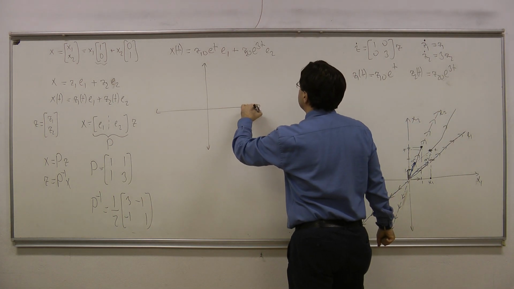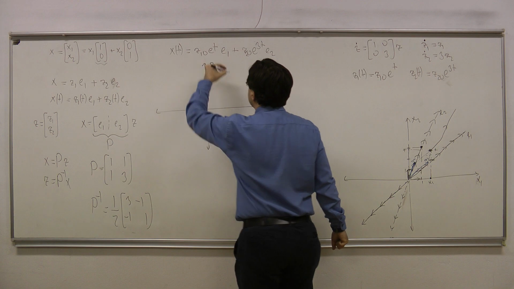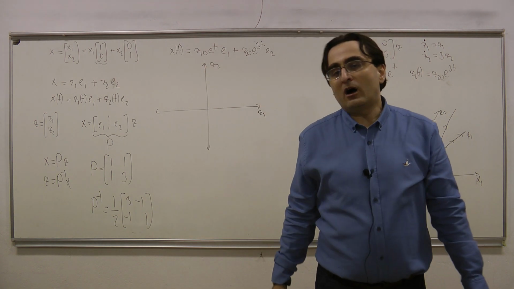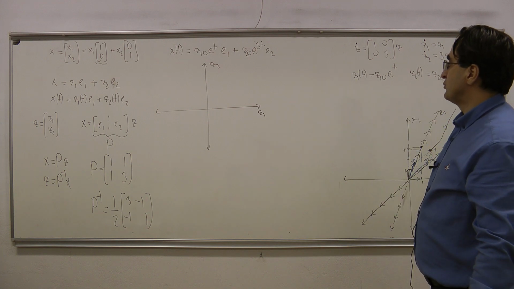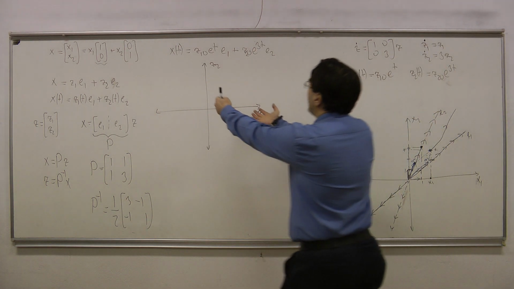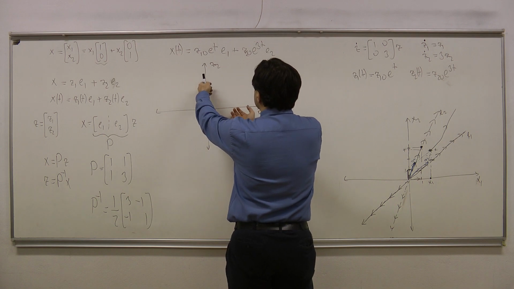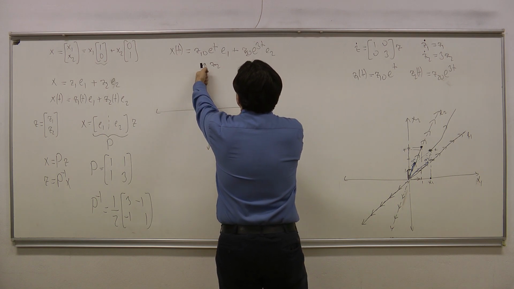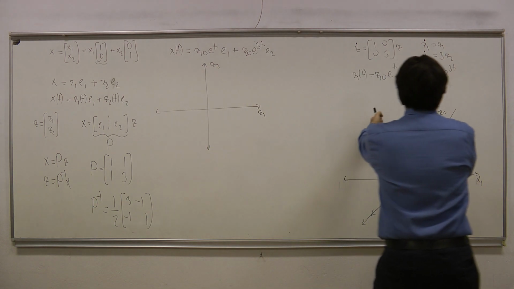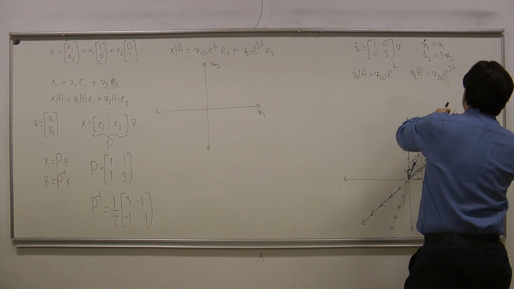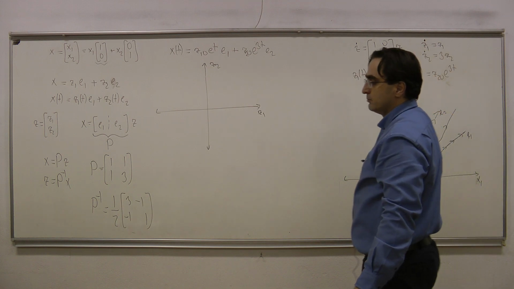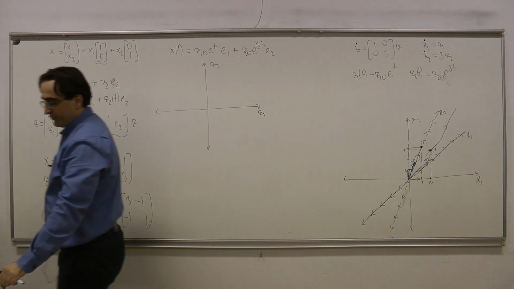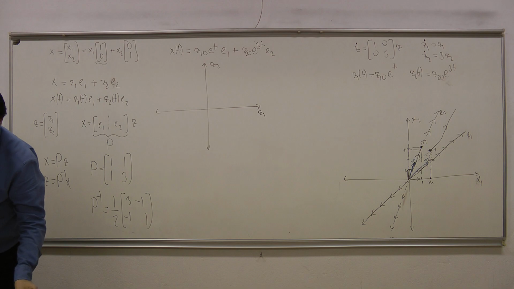How would the motion of the system be on the Z1, Z2 plane? If I can draw the motion on the Z1, Z2 plane, then I would take these axes, make them closer, and put them onto the x1, x2 axes, and try to see the original motion of the system. Okay?